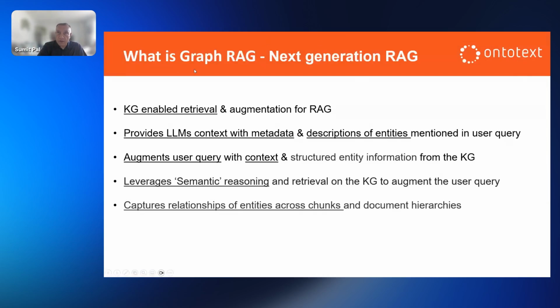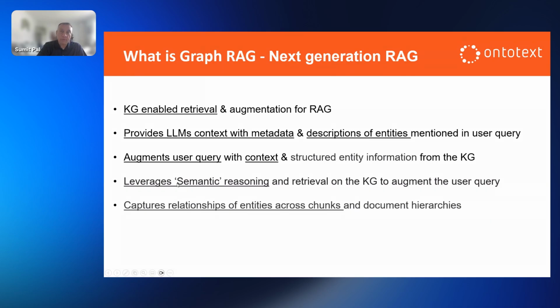What we use, what we call GraphRAG, is a knowledge graph enabled retrieval part for doing RAG. And this knowledge graph provides LLMs the context, the metadata, and semantics that help to answer a given user query. It augments the user query with the context that it gets from the knowledge graph.